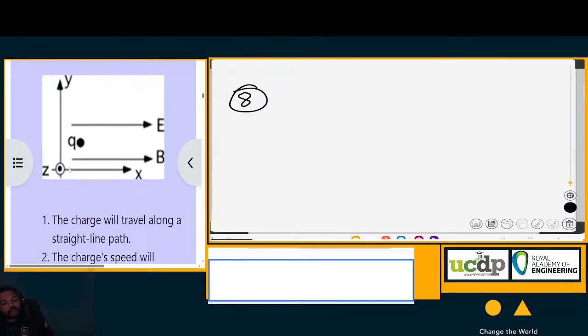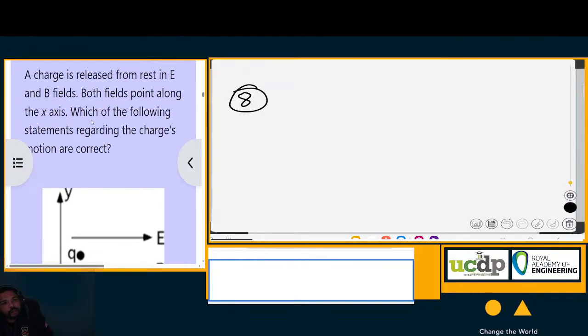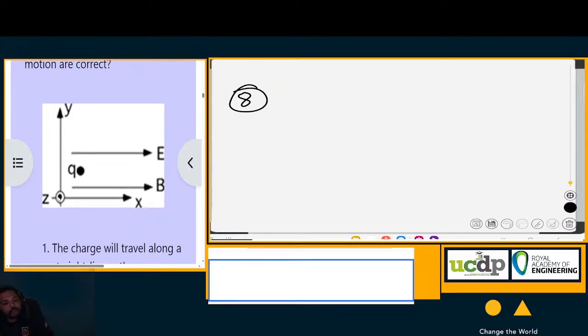They don't say it has any speed, so we assume they release it from rest, so it's just sitting there. That means immediately the magnetic field will have no force on it, because it is not moving. If it starts at rest, the magnetic field will have no effect on it.